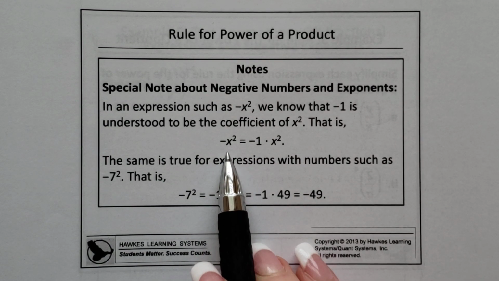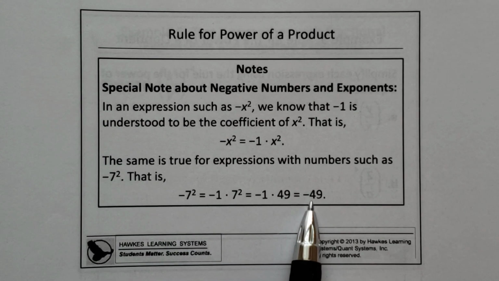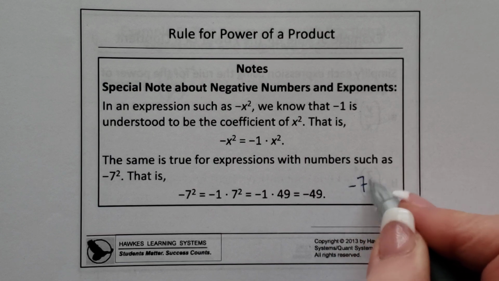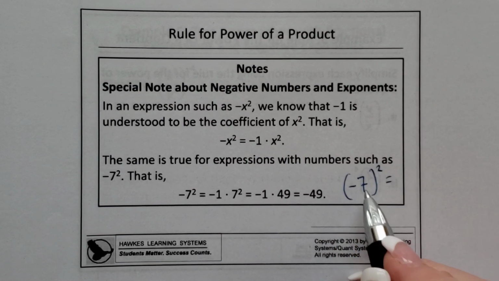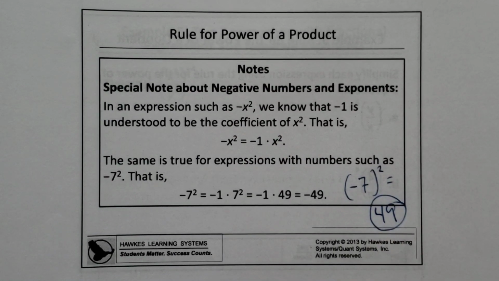It's just reminding you that if it's not in parentheses, that's what it's saying. It's saying, what is the opposite of 7 squared? Well, 7 squared is 49. The opposite of 49 is negative 49. However, if it was written in parentheses, negative 7 times negative 7 is positive 49. So you just have to be careful about those parentheses.